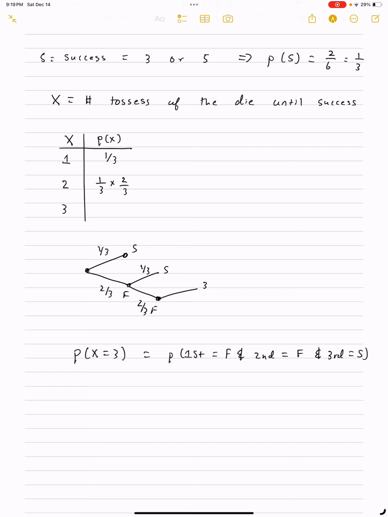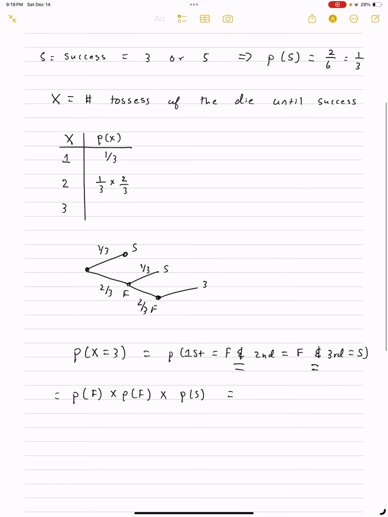Because these are independent and we have the and statement, we can multiply them. So this will be probability of failure times probability of failure times probability of success. Okay, and that will be 1/3 times 2/3 squared.